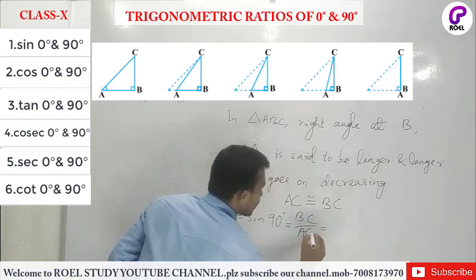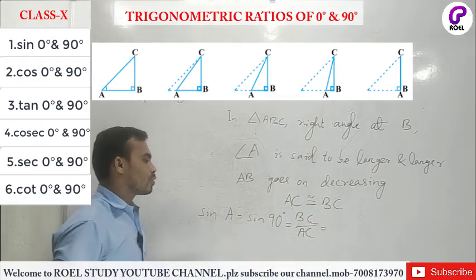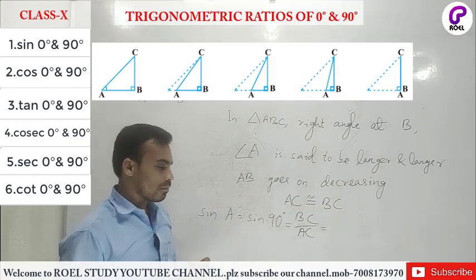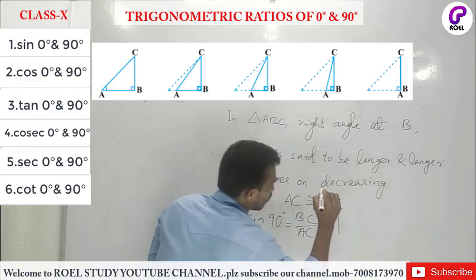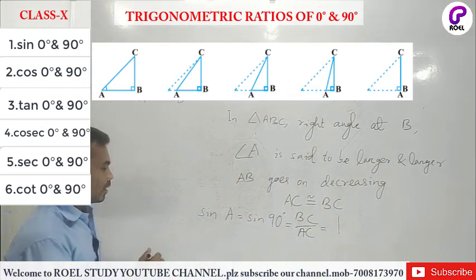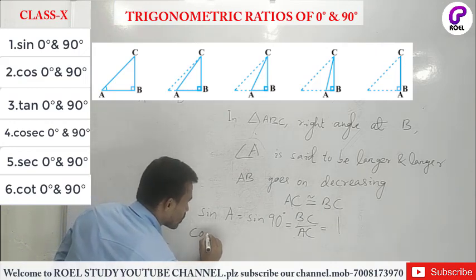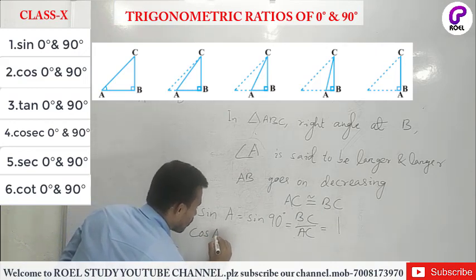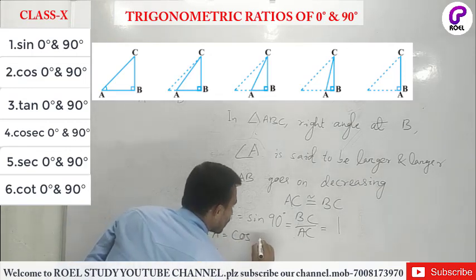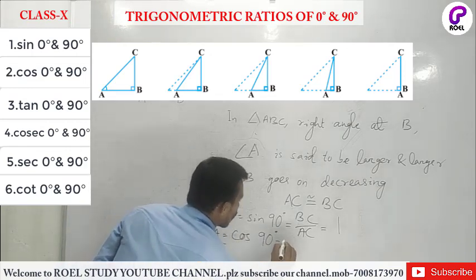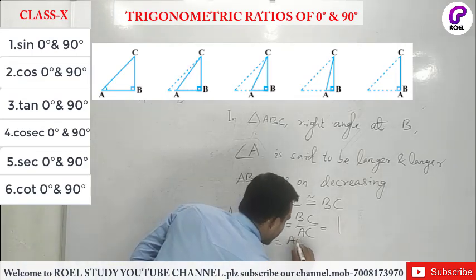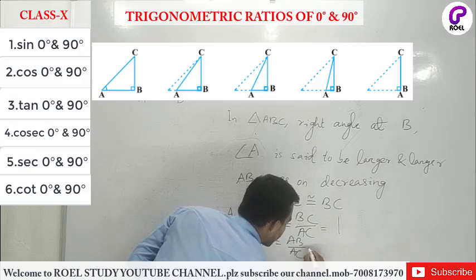These two values are the same. That's why sin 90 is 1. Then cos A, that is cos 90. Cos 90 means AB by AC.